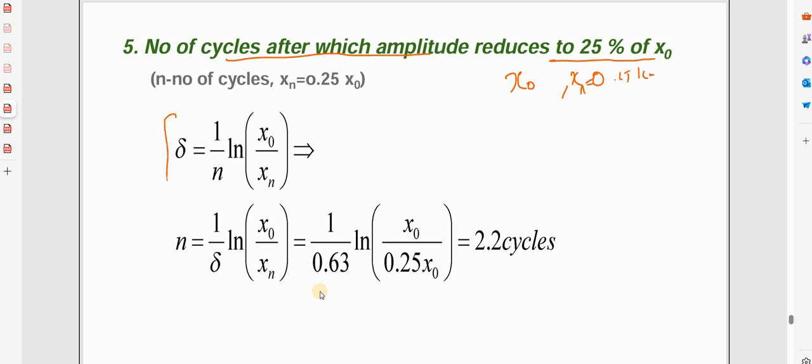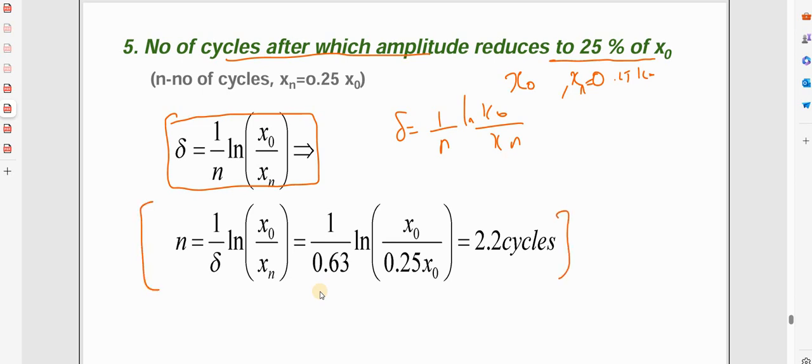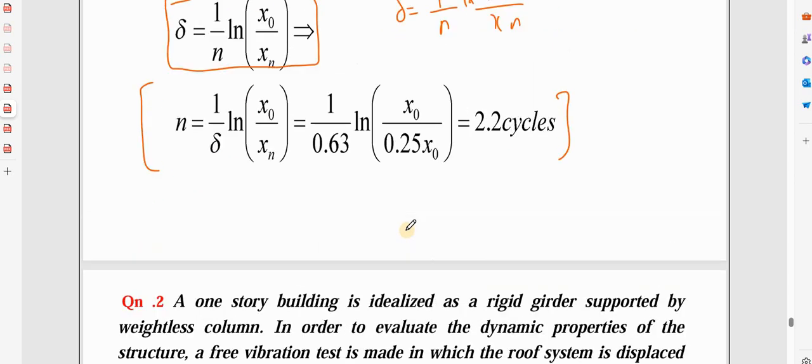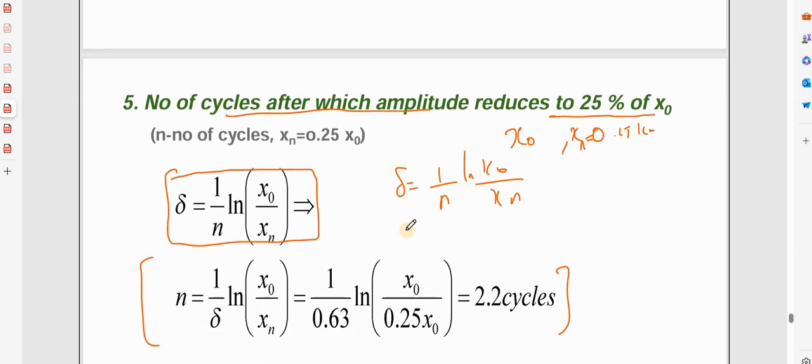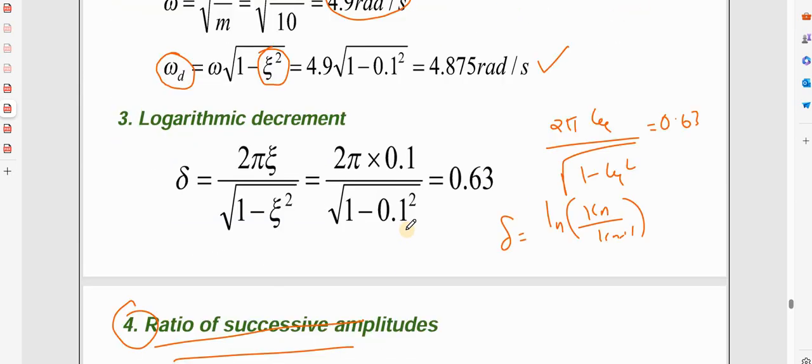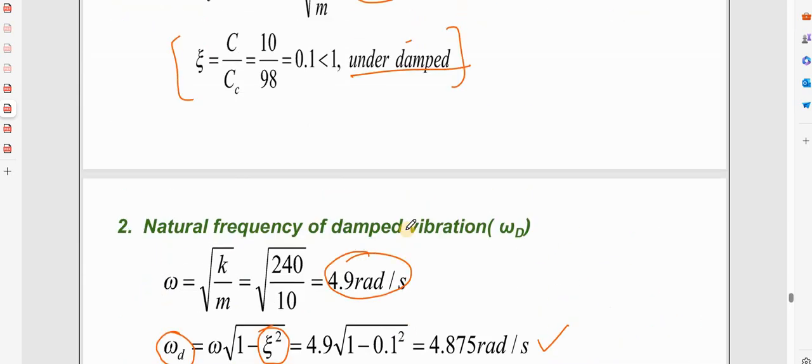This is the equation we can use: delta is equal to 1 by n ln x0 by xn. We have to find n, and substituting we get 2.2 cycles. So this is a simple problem where we have used the relationships or the new terms you have studied.